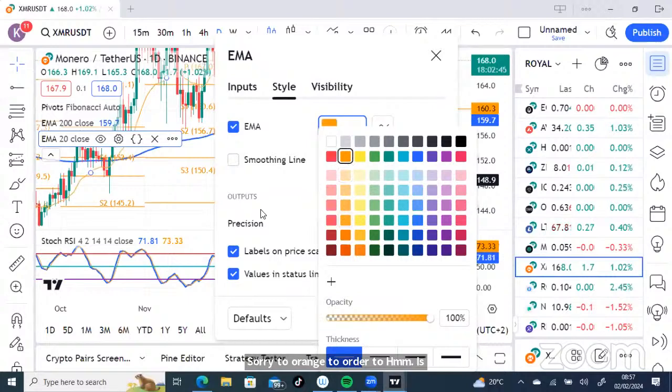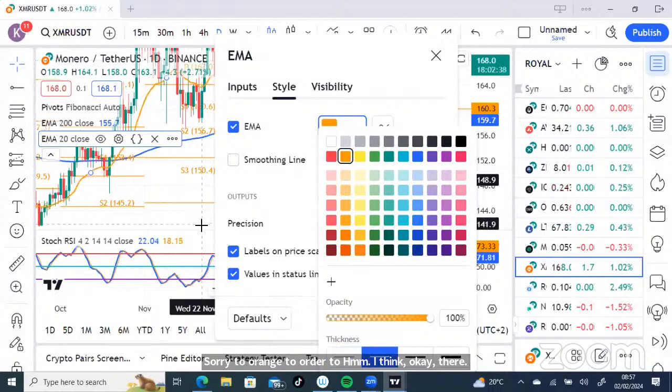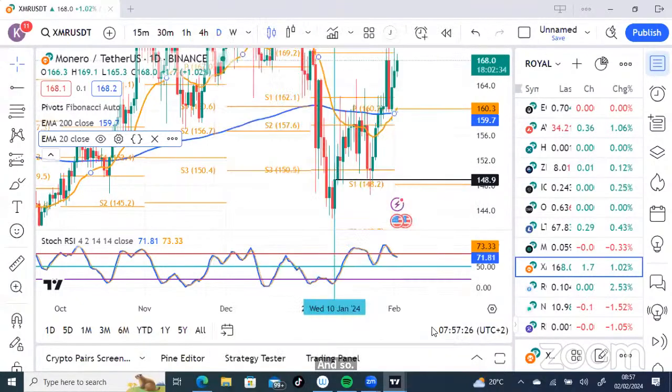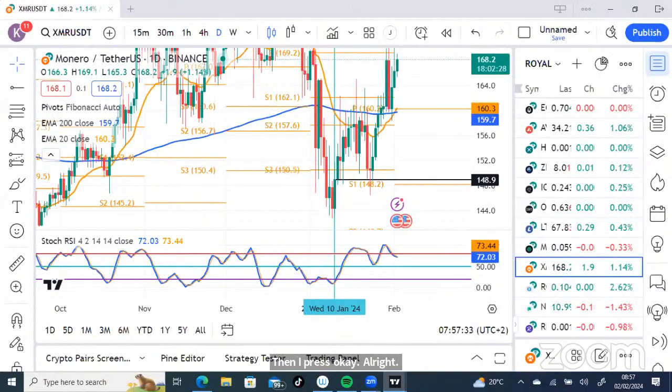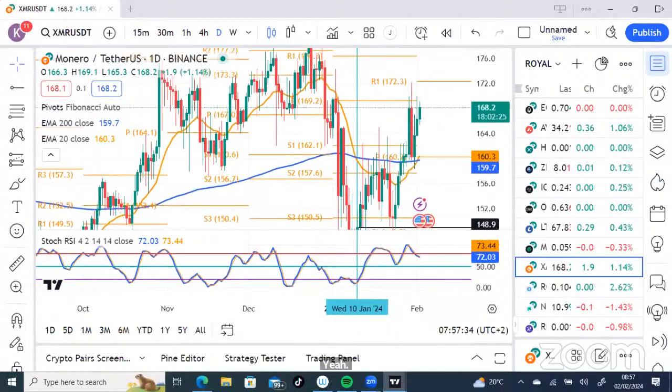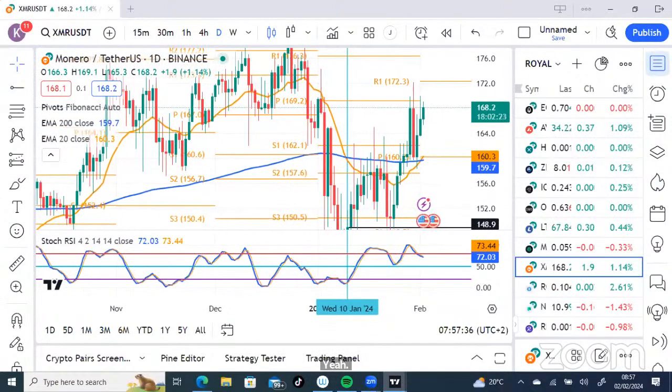I'll make it a little bit thick for me to see it on my screen, then I'll press OK. All right. Can we see? I'll now take off the pivot point.